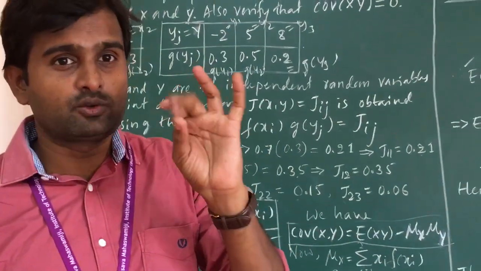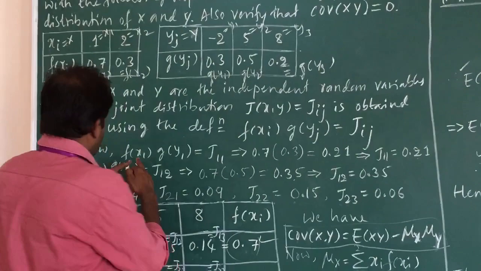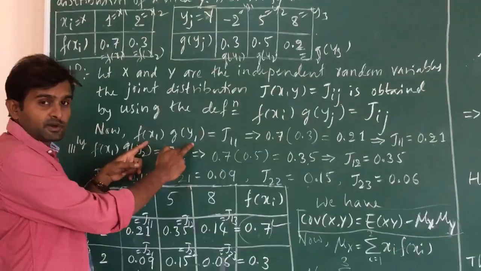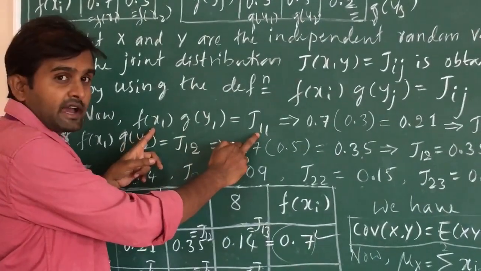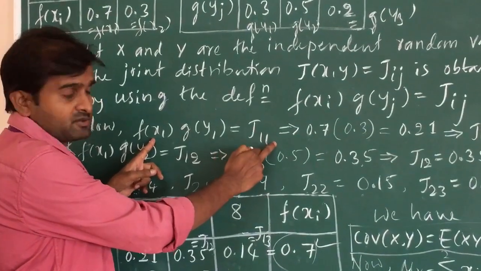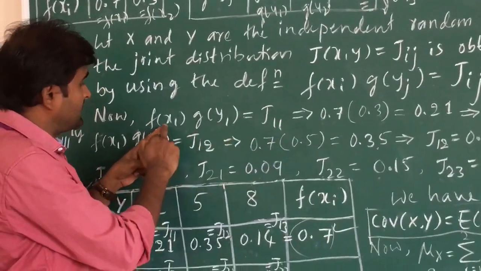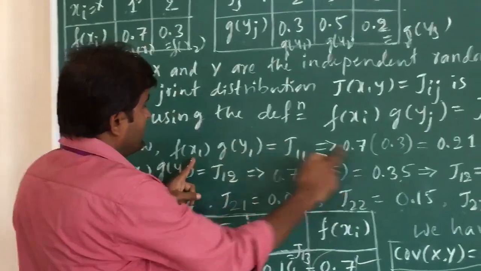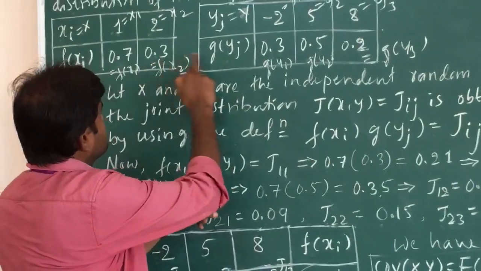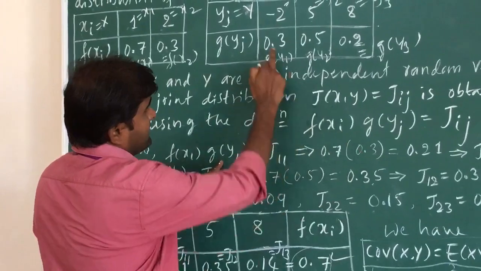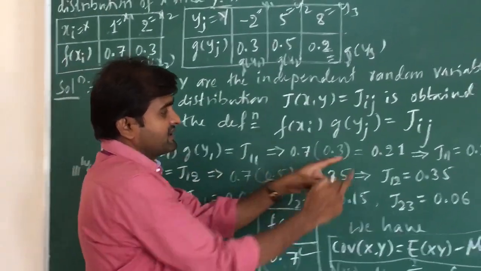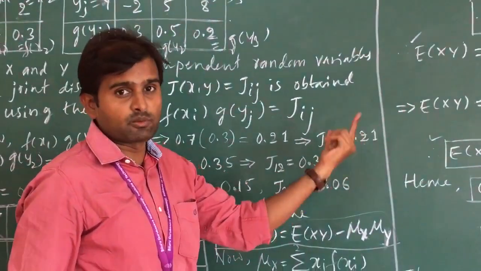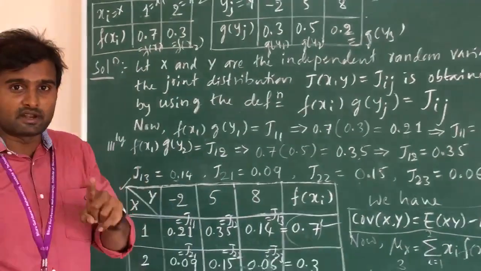Here i is 1, j is 1, the first value, so J11. We know f of x1 is 0.7 and g of y1 is 0.3. Multiplying these gives 0.21, so J11 is 0.21.